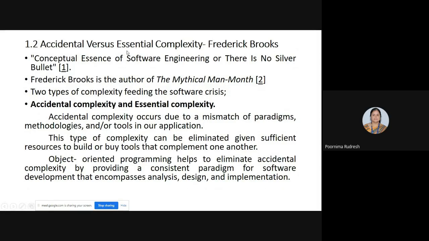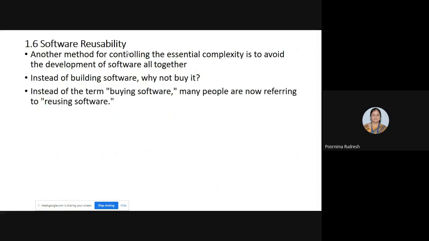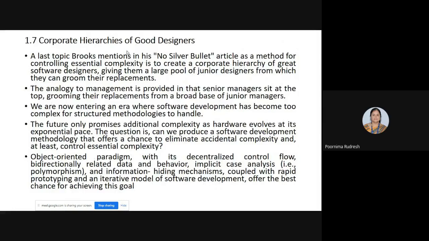He published this paper in October 1987, and in it he explained how to control the essential complexity. He suggested creating a corporate hierarchy of great designers, or great software designers.